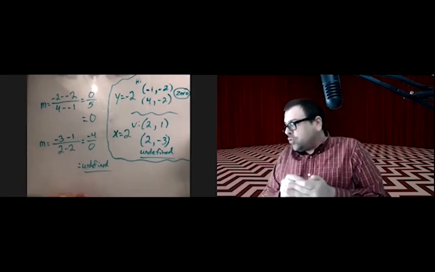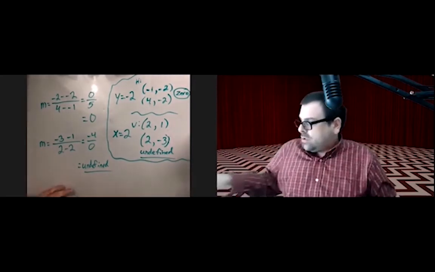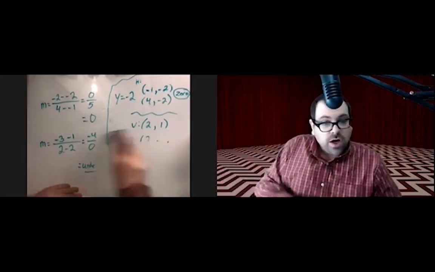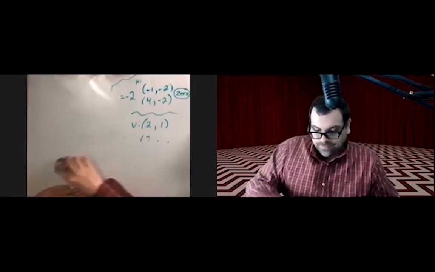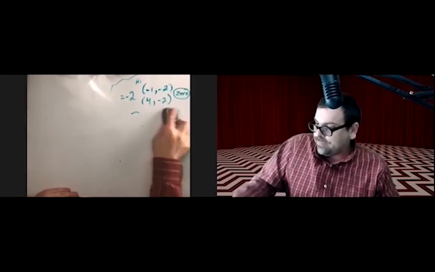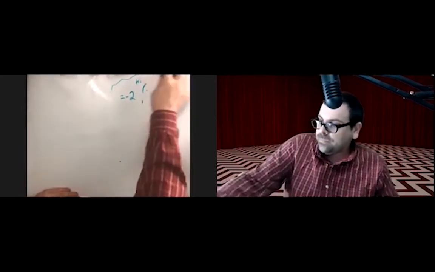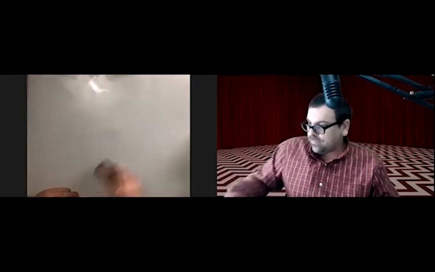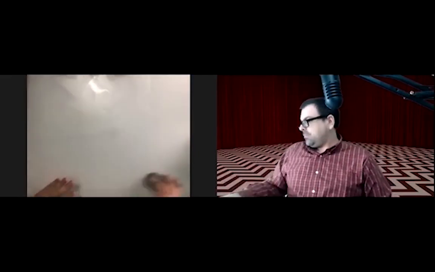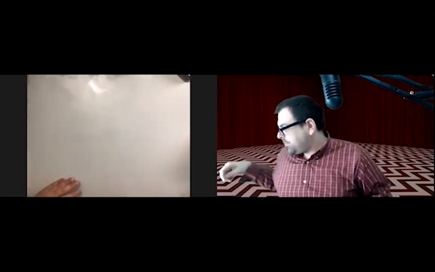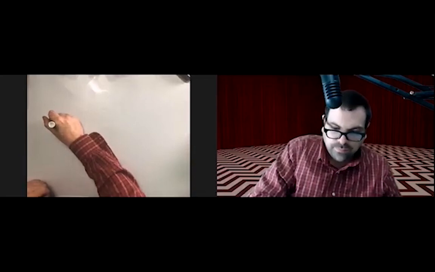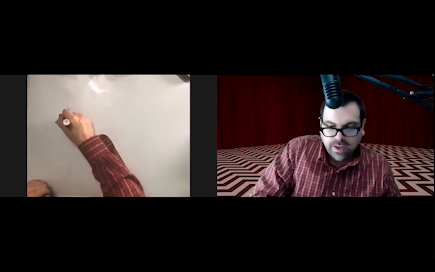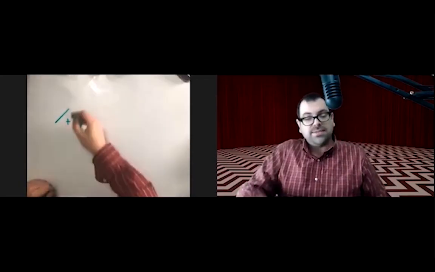So to review the different types of slope we can encounter, a positive slope rises from left to right.